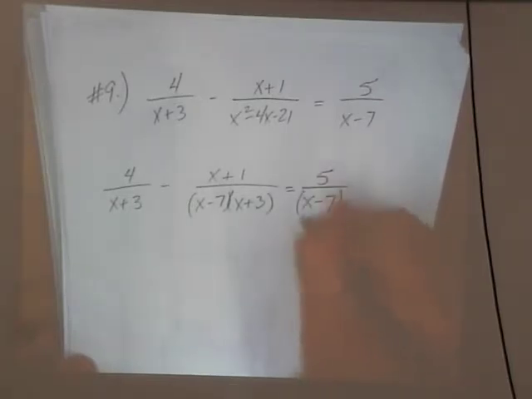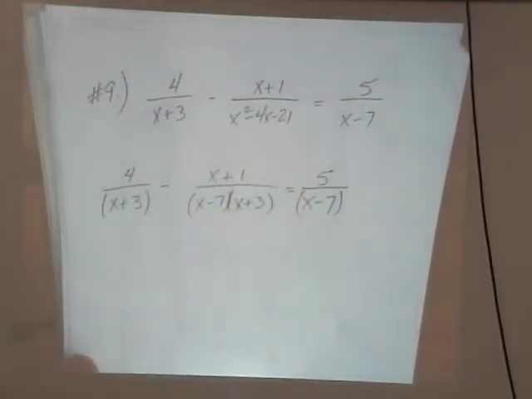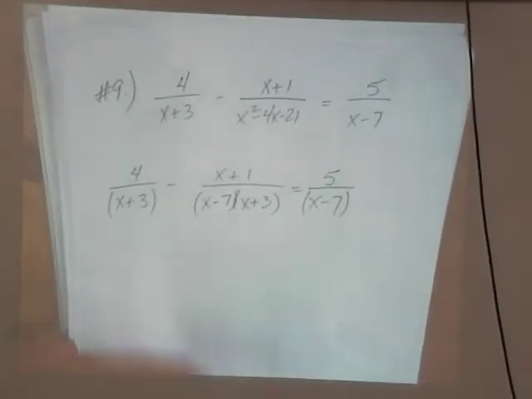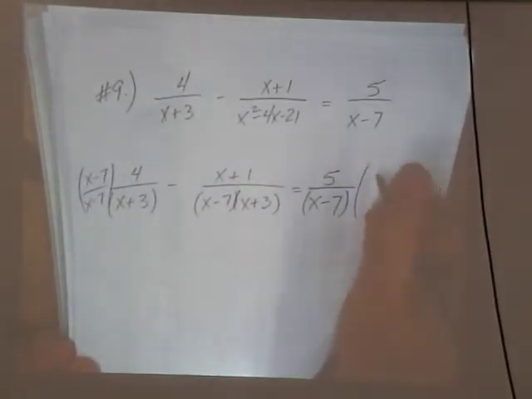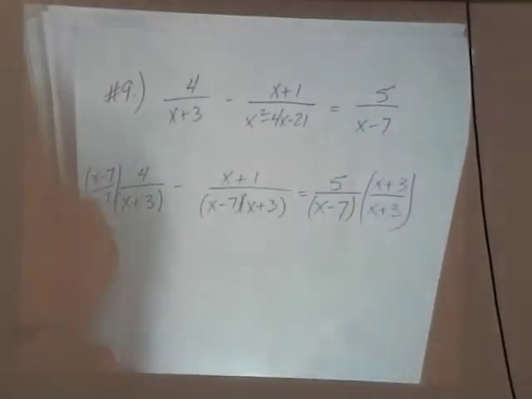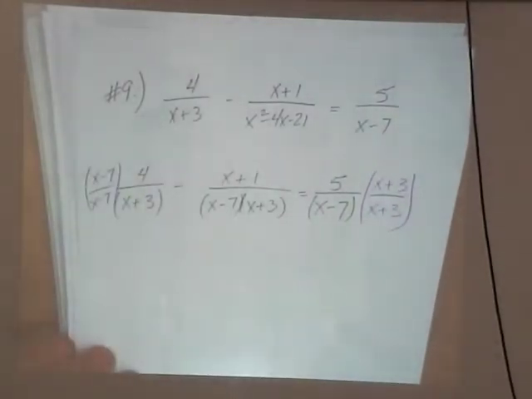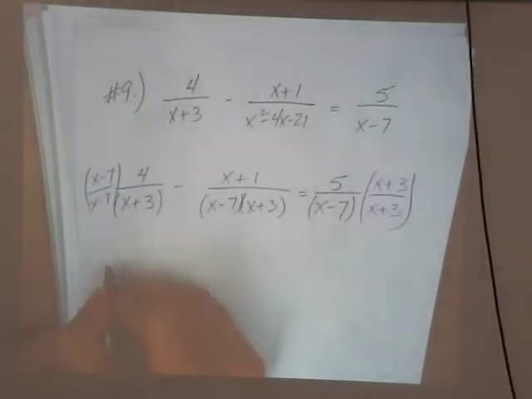All right, let's get common denominators now. What is the first denominator missing? x minus 7. And this one's missing the x plus 3, right? All right, so we'll distribute.